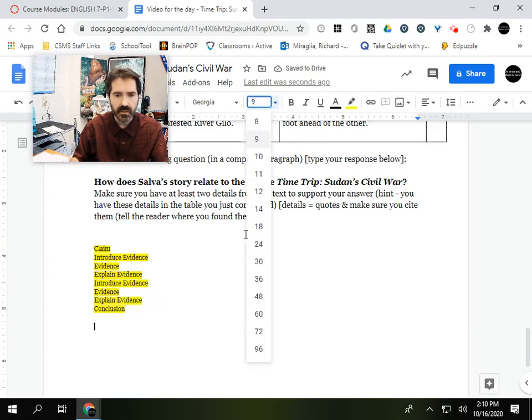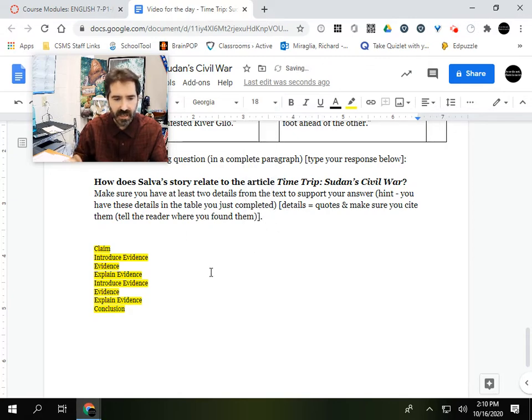So what I'm going to do is, and you can pause after I write a sentence and copy it yourself into your own assignment. How does Salva's story relate to the article? Salva's story relates to the article.